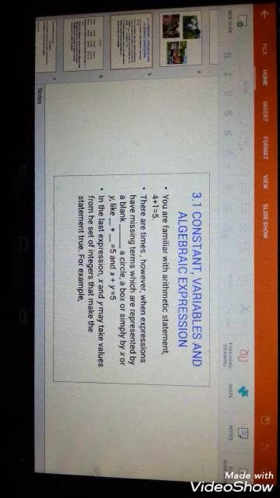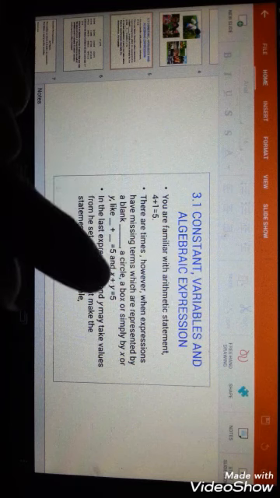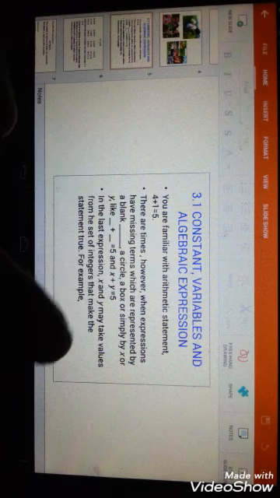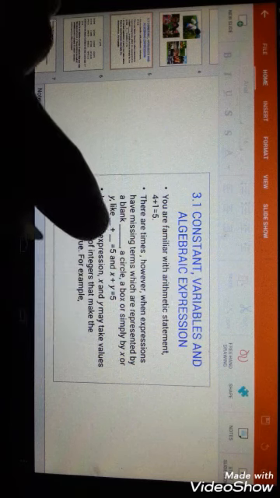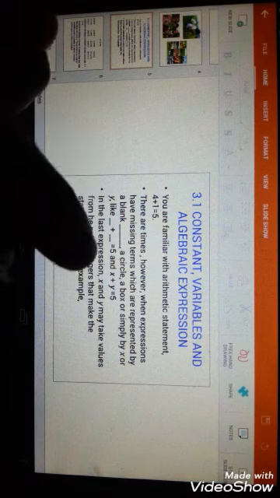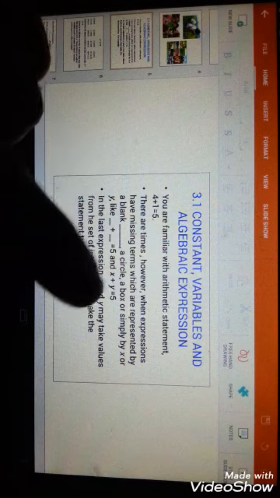You are familiar with arithmetic statements, like 4 plus 1 is equal to 5. That is an arithmetic statement. There are times, however, when expressions have missing terms which are represented by a blank, a circle, a box, or simply by x or y, like blank plus blank is equal to 5 and x plus y is equal to 5.